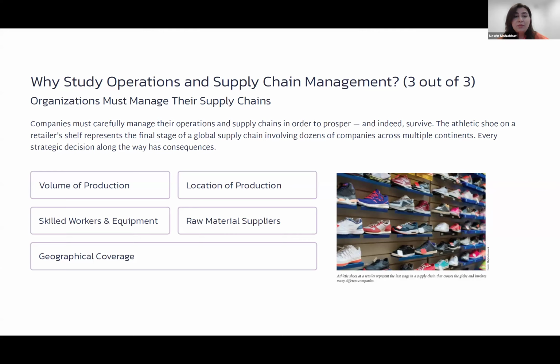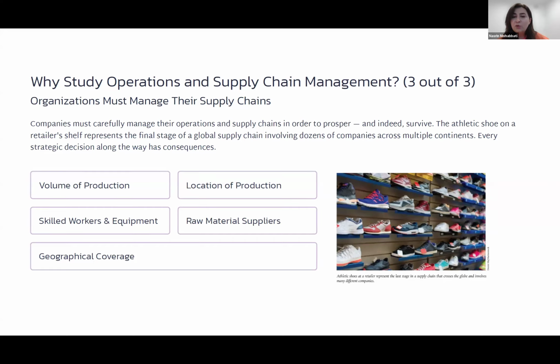Obviously, there's a supply chain behind it. There are some raw materials and then manufacturers who produce these shoes, and then they ship them to warehouses and from there to your retail store. And then there are customers coming into the store purchasing the shoes. Throughout the supply chain, there have been so many activities and so many decisions.